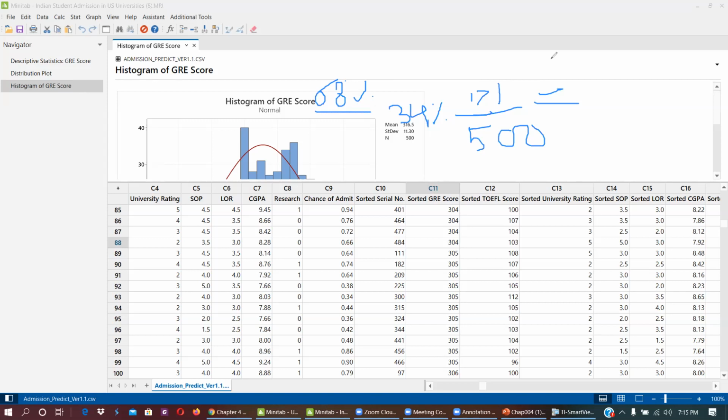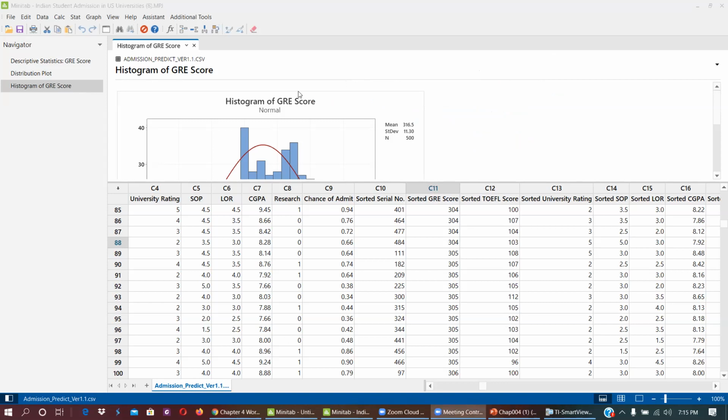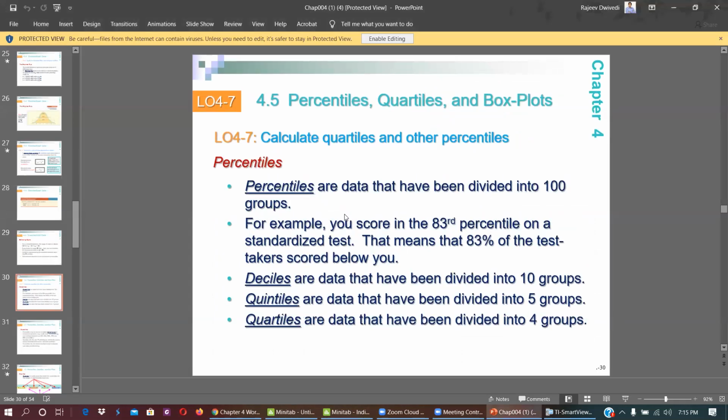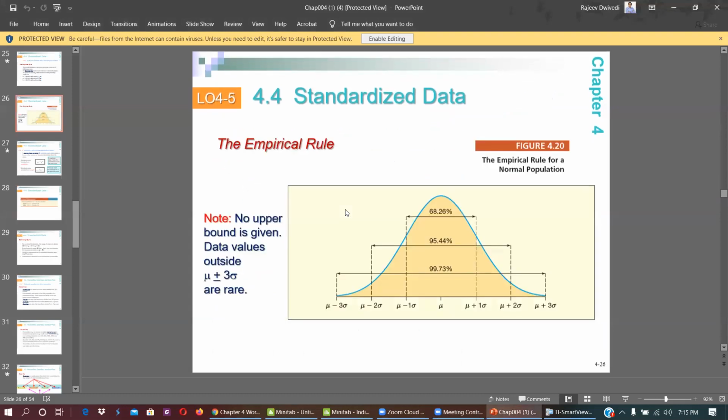If you do it with 100,000 or a couple of thousand numbers, you will get exactly this empirical rule in practice. It says 99.7, 95, 68. So we are getting close to these numbers based on only 500 observations. Is it making sense, my dear friends?